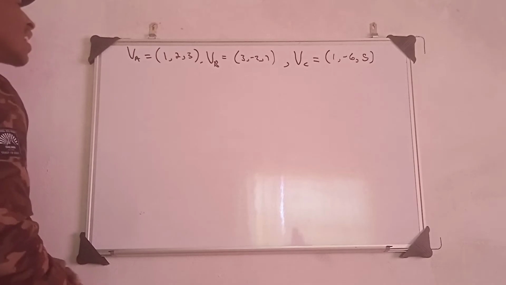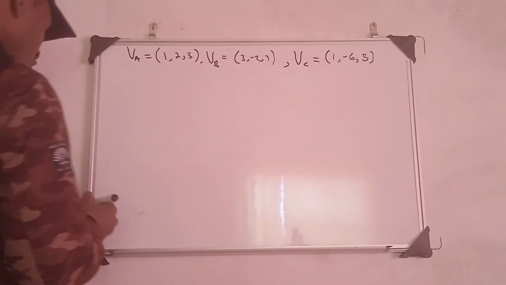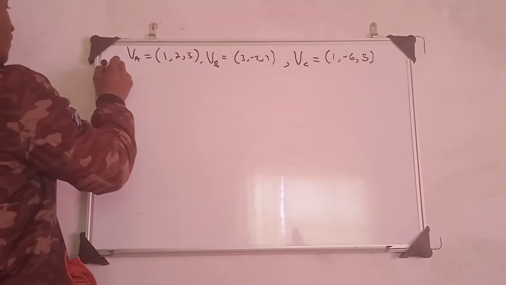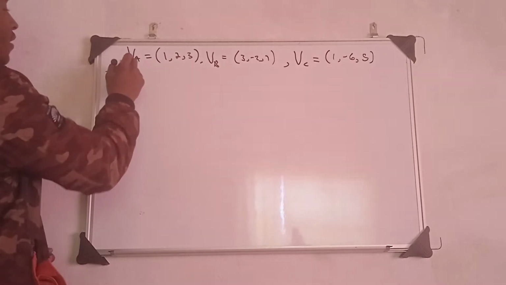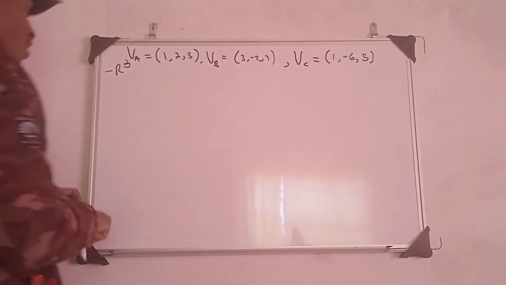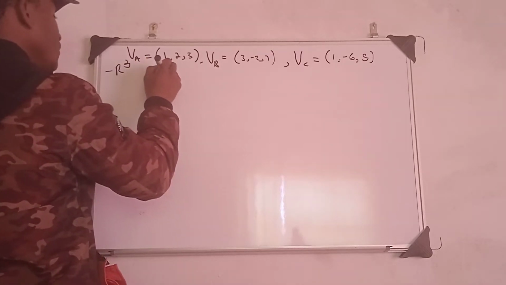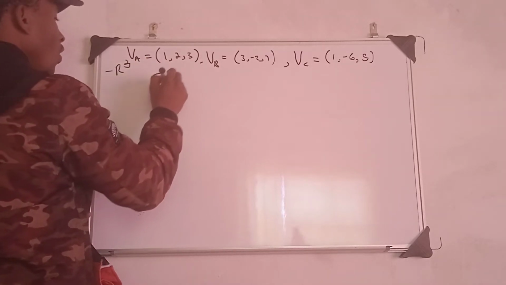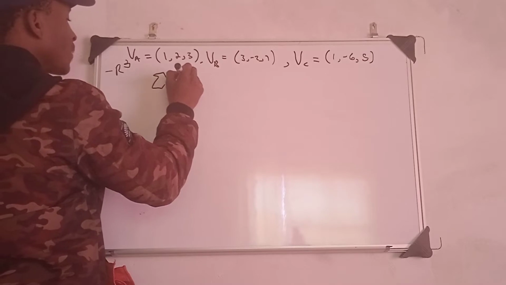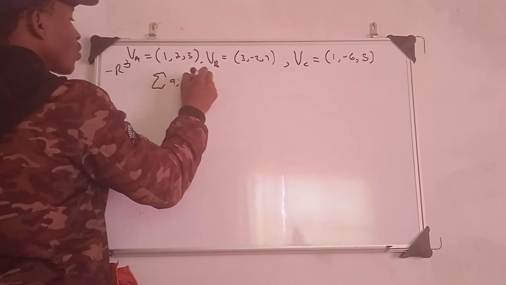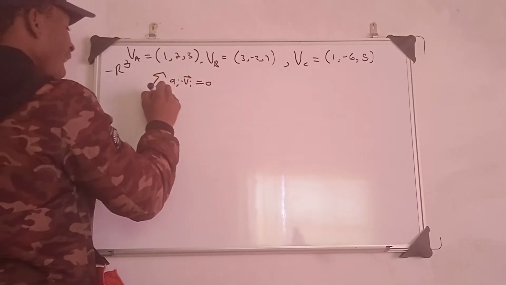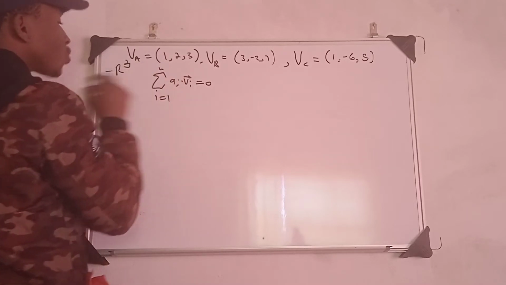But we can see that this problem is in 3 dimensions. So what can we do about this one? We know that the summation of ai multiplied by vi equals 0, from i equals 1 to n.